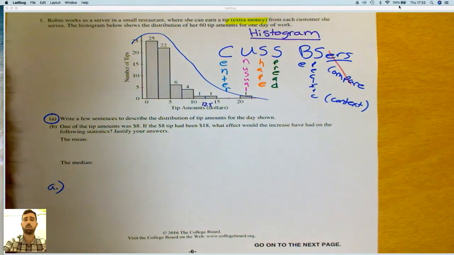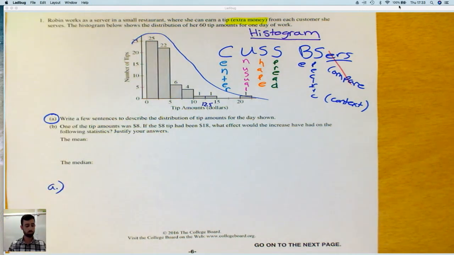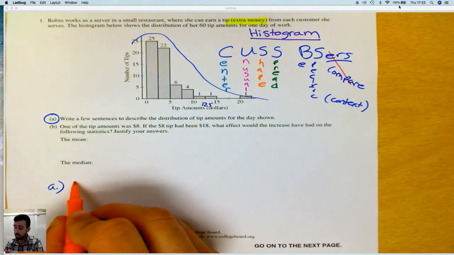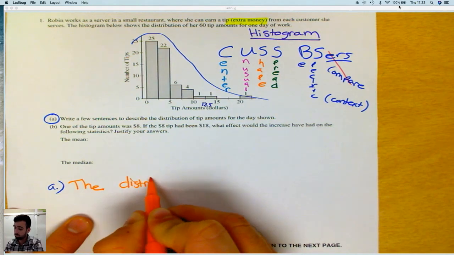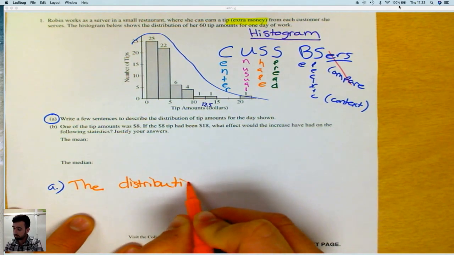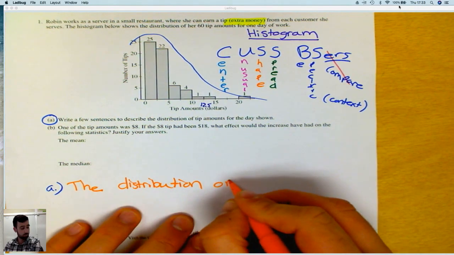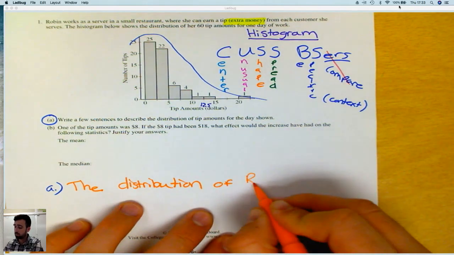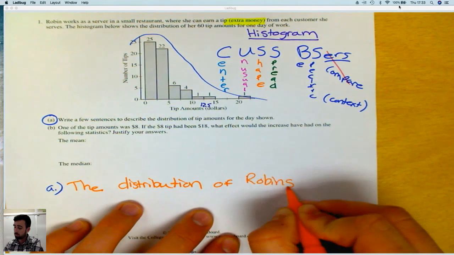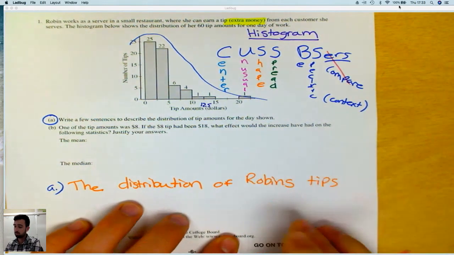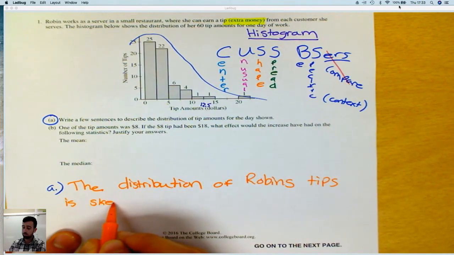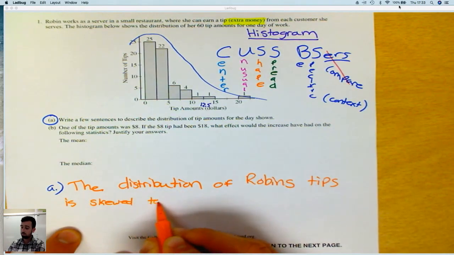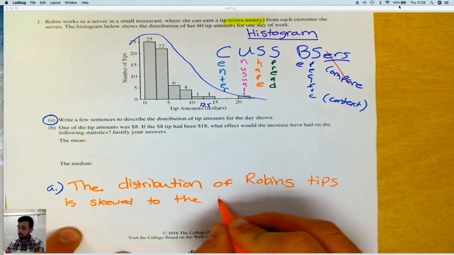So we want to say the distribution of Robin's tips is skewed to the right.